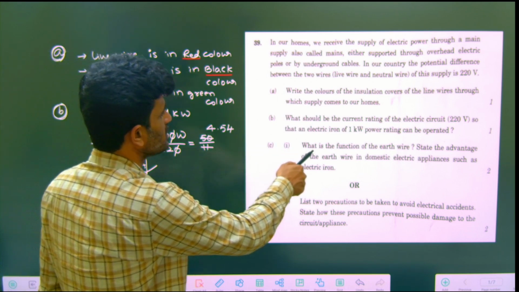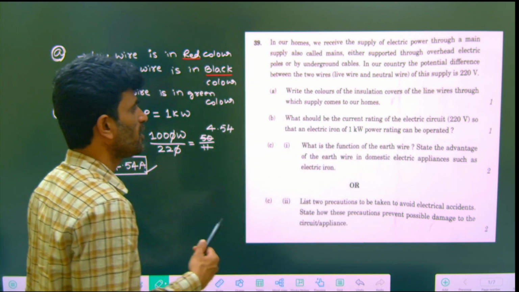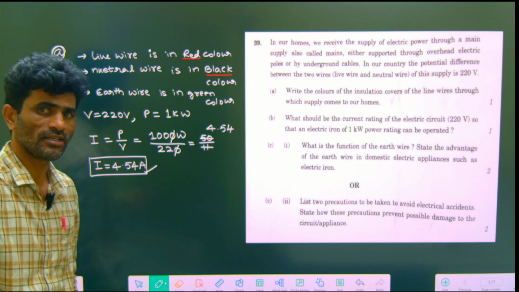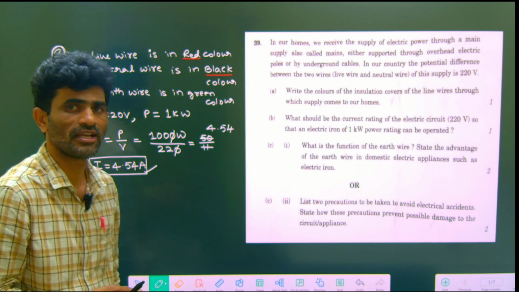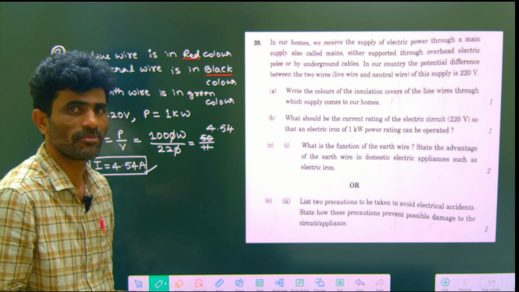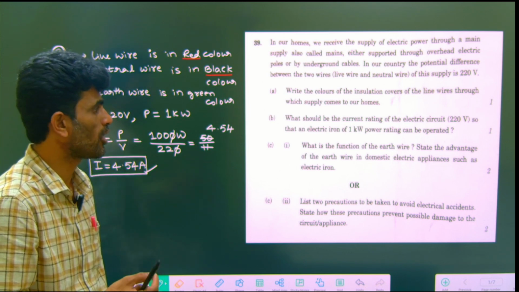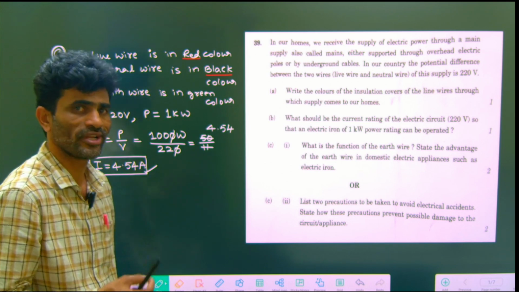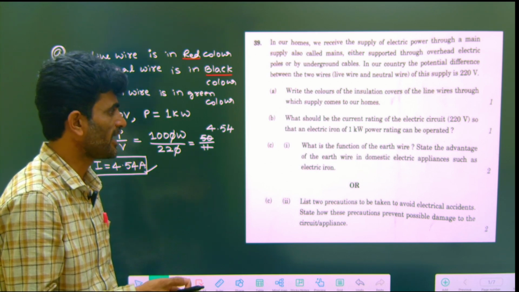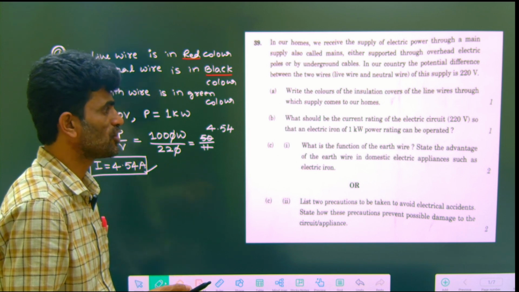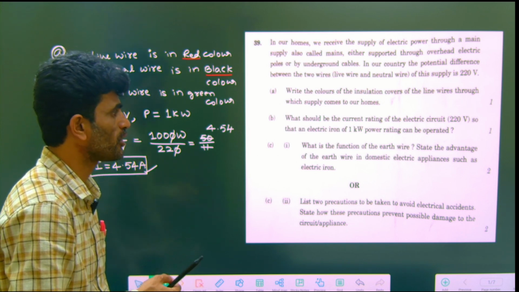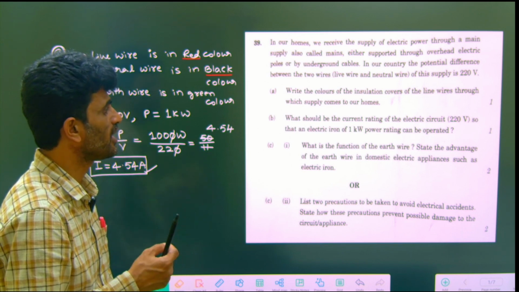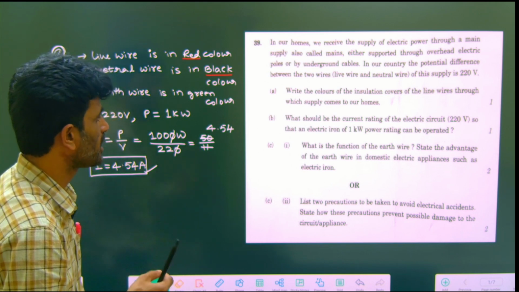Next, what is the function of the earth wire? What will the earth wire do when there is a leakage of current? What happens is that electrical appliances with metallic bodies give a shock. So to avoid that, what do we do? The earth wire will have low resistance, so the leakage of current, whatever it is, will pass through the earth wire because it has less resistance, so that we can avoid that electric shock.